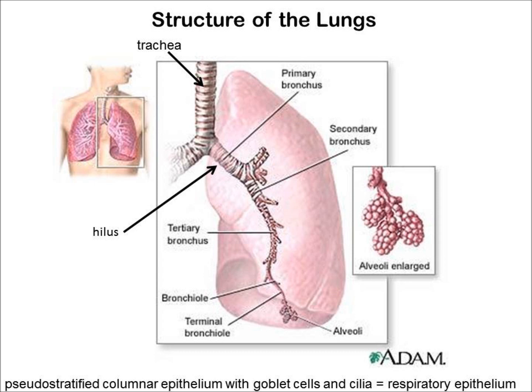After branching and narrowing, the bronchi give rise to bronchioles, which lack cartilage in their walls, and are lined by epithelium that transitions from pseudostratified columnar to simple cuboidal. And finally, the bronchioles branch and narrow further and end in alveoli that are lined by a squamous epithelium that allows gas exchange to take place.